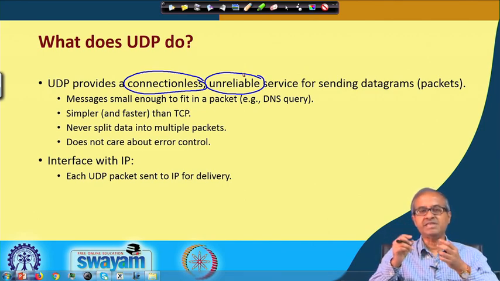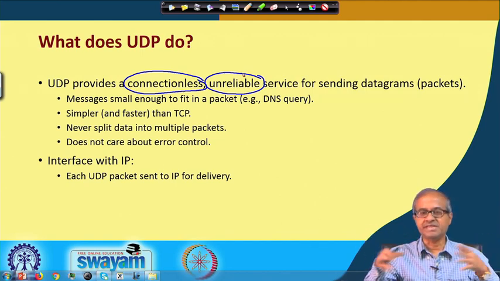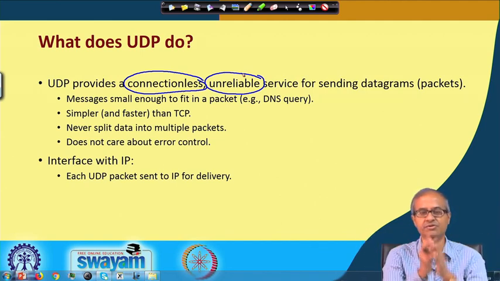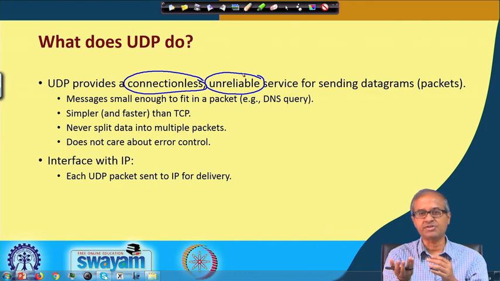There are some applications where even if some packets get lost, you do not care. Like periodically, some network equipment sends status information to a central server saying, well, I am good, or what the status is. Even if 1 or 2 packets get lost in between, it does not matter, because the next packet will be coming again very soon, so I will know about the status.